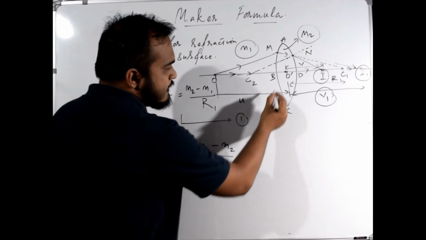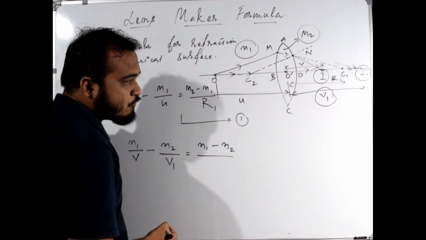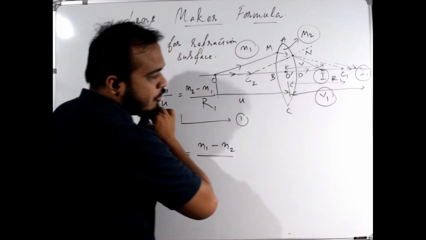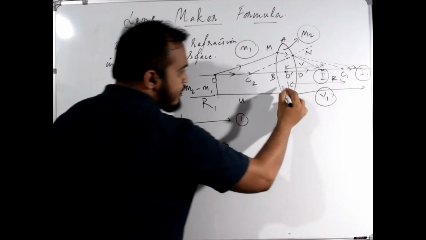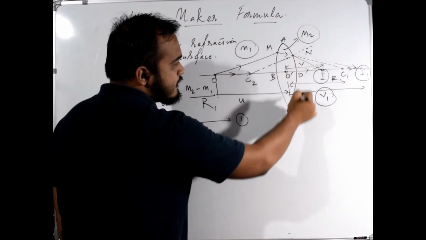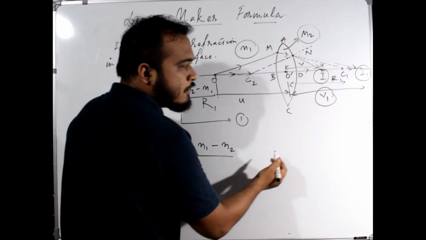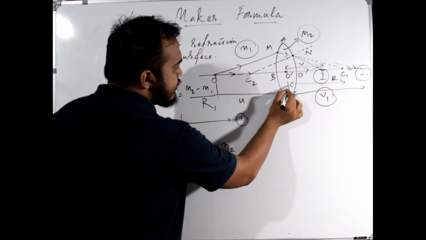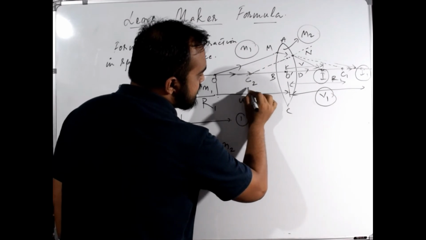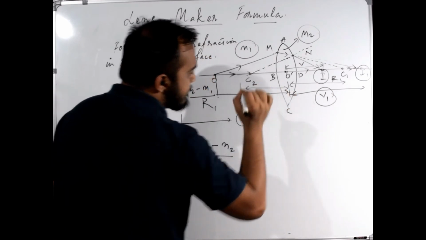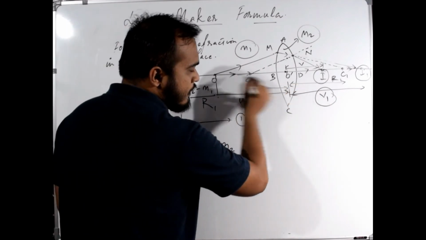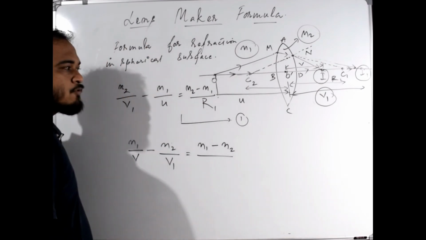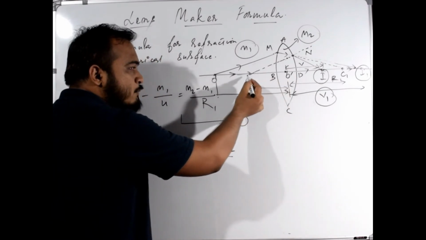This time the radius of curvature that we will have to consider is not this one, because we are considering this surface. We will have to consider this radius of curvature, that is the radius of curvature from the position O dash to the position C2.